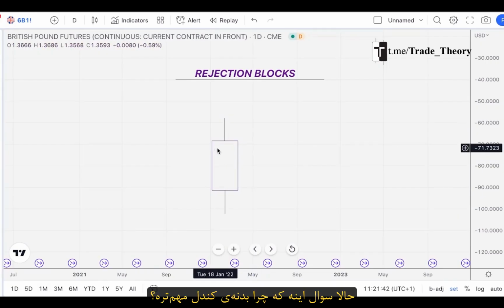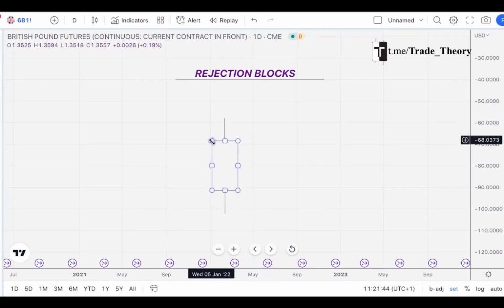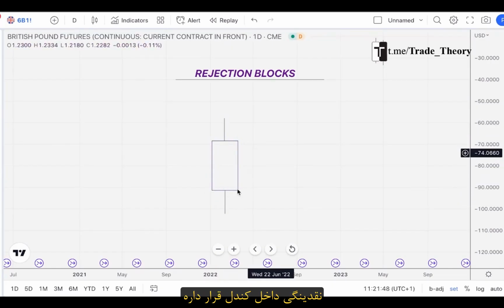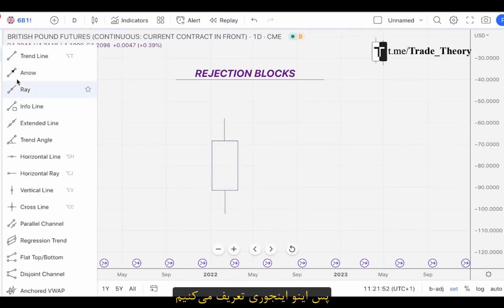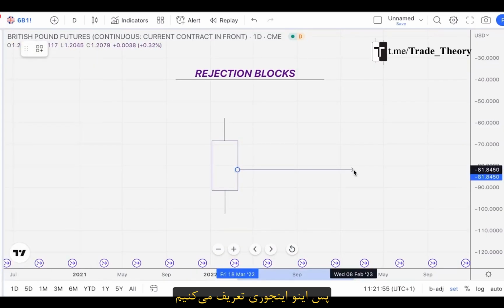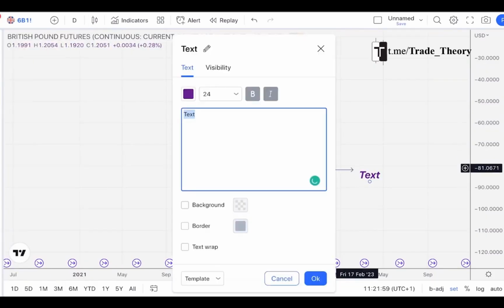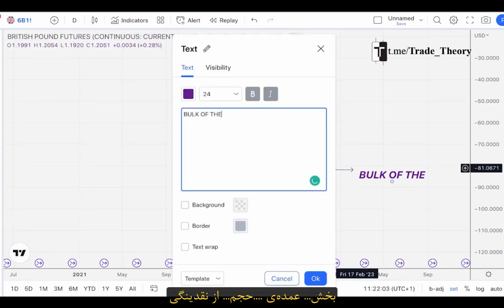Now the question is, why are we interested in the body of the candle? Because the body of the candle is where the bulk of liquidity inside the candlestick is done. So we're going to define this as the bulk of the volume of liquidity.